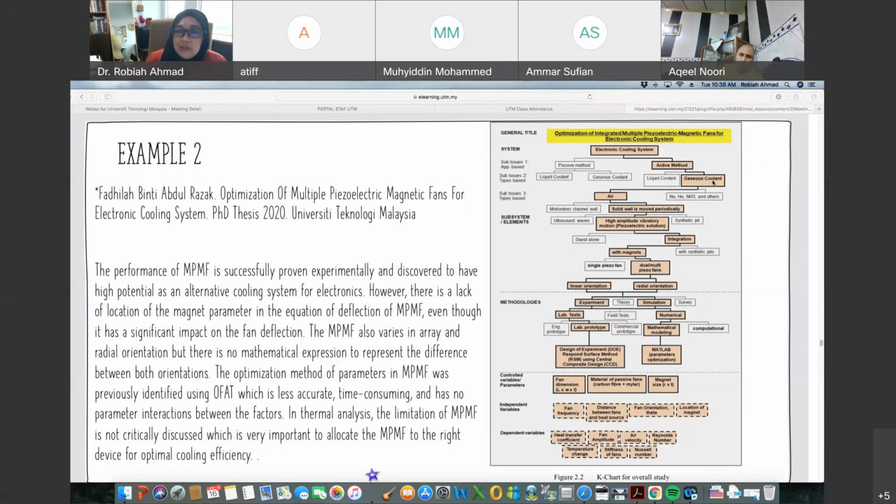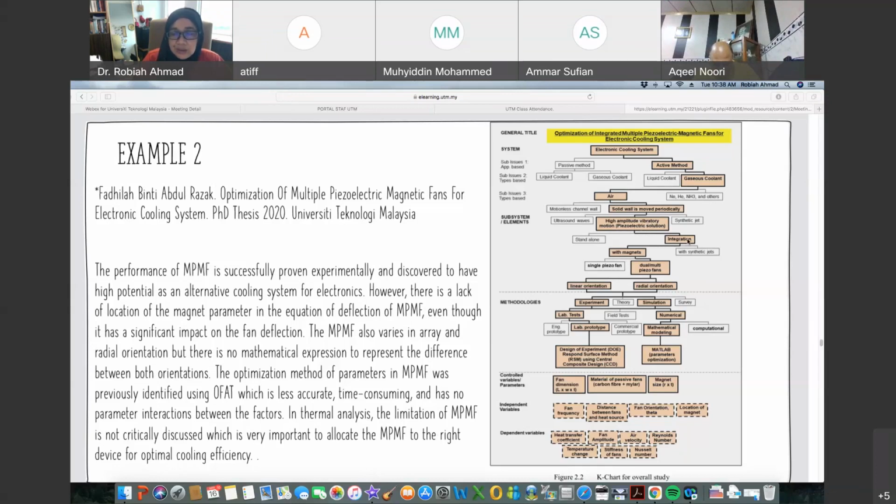This one is on gaseous coolant, where we have either air or another gas, and she concentrates on air, and then solid wall is moved periodically, and she looks at piezo solution of high amplitude vibratory motions, either standalone or integration.